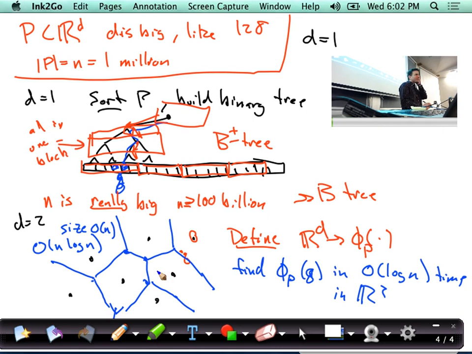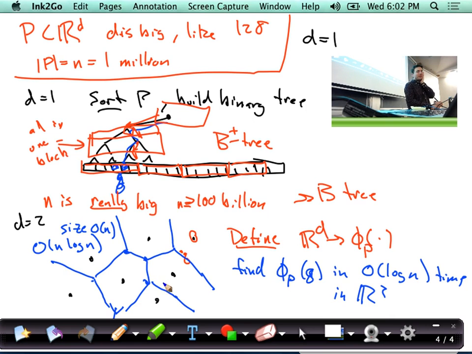I don't think there's a deterministic way, or there might be a deterministic way of doing n log n as well, but the randomized way is to do it. So you can do it in n log n time too. The space is linear, n log n build time, which you have to essentially sort the points anyway. So it's the same as in 1D, and log n query time, right? So if you care about asymptotics, then this is kind of the right way to do it.